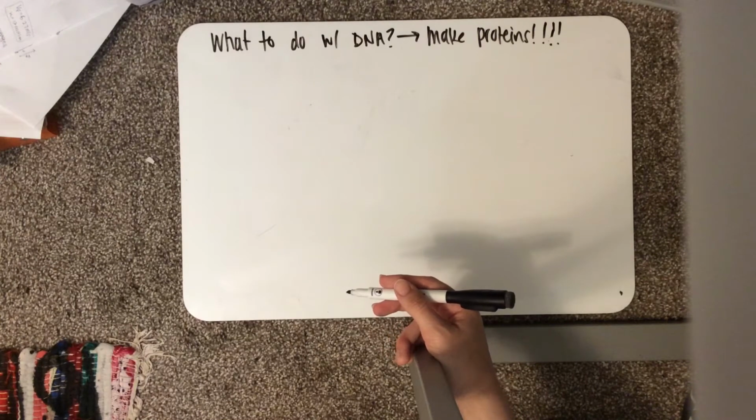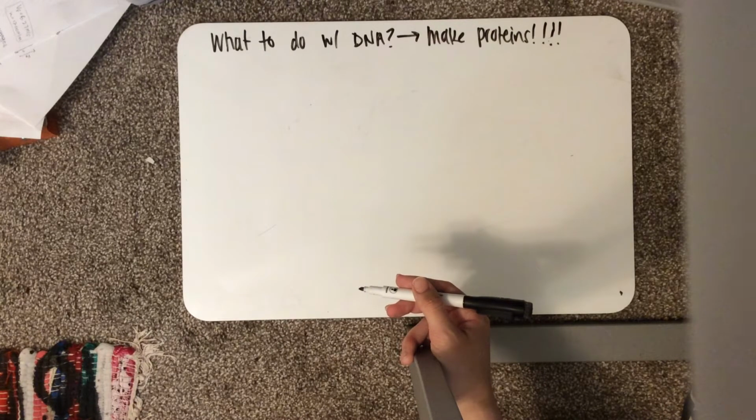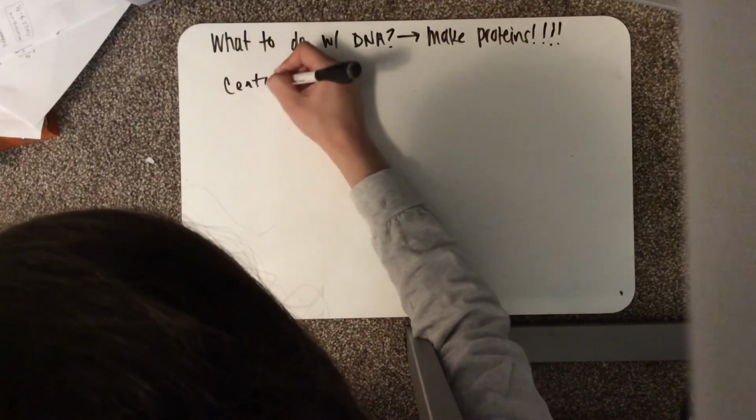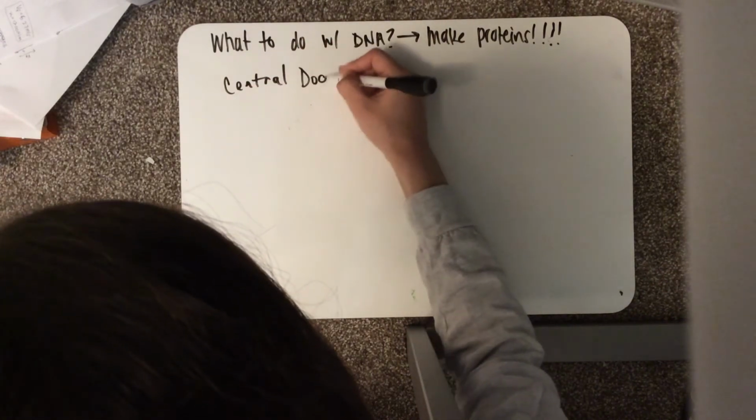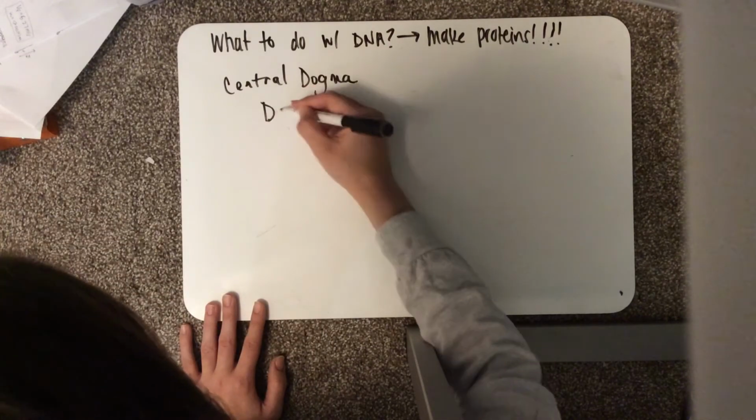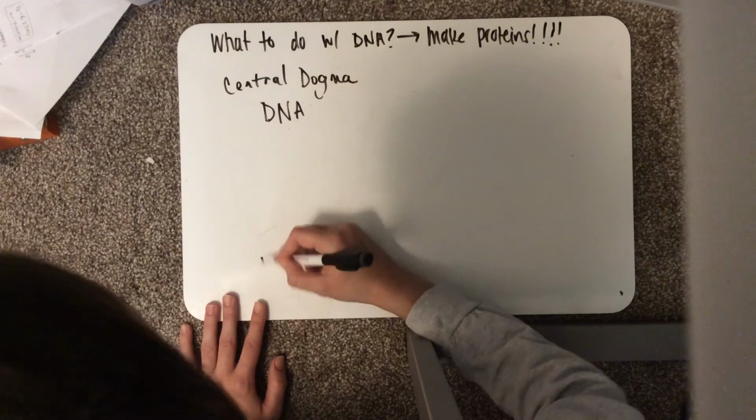So there is what's called the central dogma, which you probably have seen. I don't know why I don't have a slide of it in my notes, but I know what it's like. So we have DNA, and we want to get to a protein.